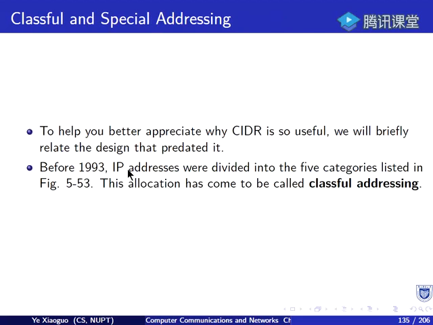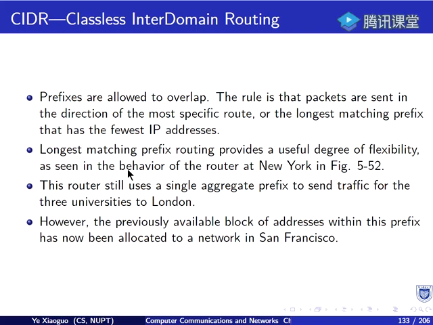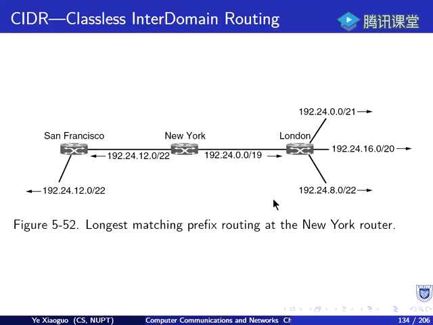This router still uses a single aggregate prefix to send traffic for the 3 universities to London. This is San Francisco, New York, London. This is the aggregate router.